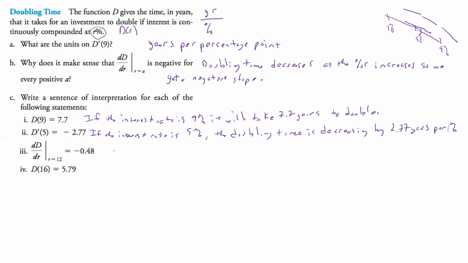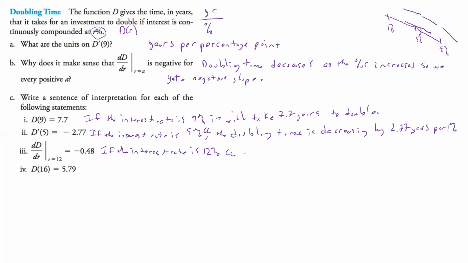Okay, and so the same thing here. If the interest rate is, in this case, 12%, and it's compounded continuously. So we'll say CC, compounded continuously, not Casper College.